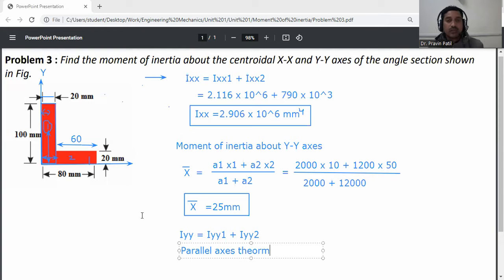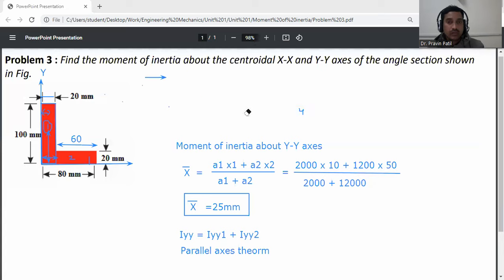First of all, calculate Iyy1. Iyy1 is equal to Ig1 plus A1 H1 square.